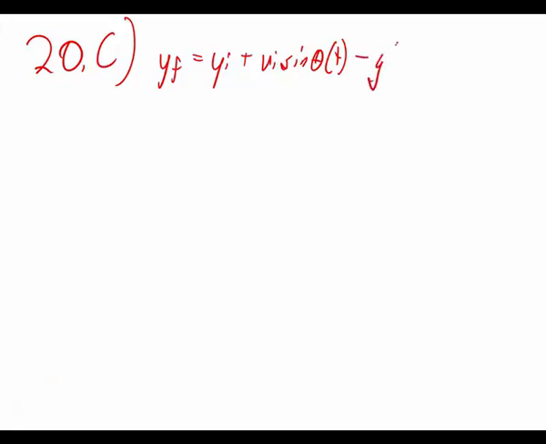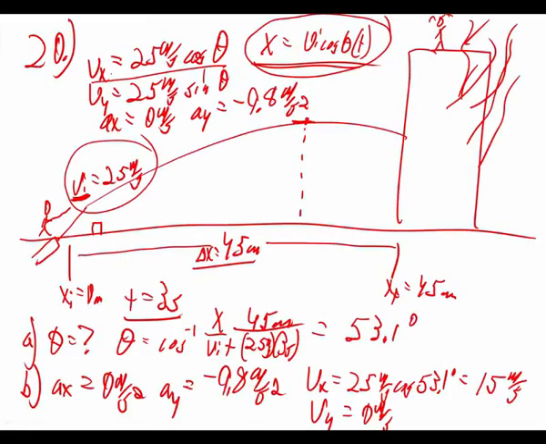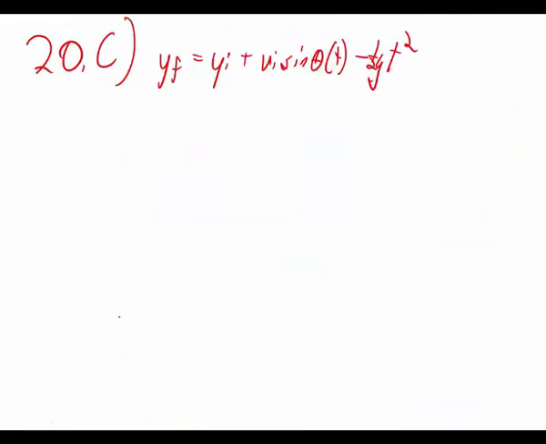Minus 1/2 gt squared. Okay. All right. Now, what was y initial? Did we define that a minute ago? Y initial is what? 0 meters, right? Starting at the ground. So y initial is 0 meters, right? So that means this term right here is what? Gone, isn't it? Okay?